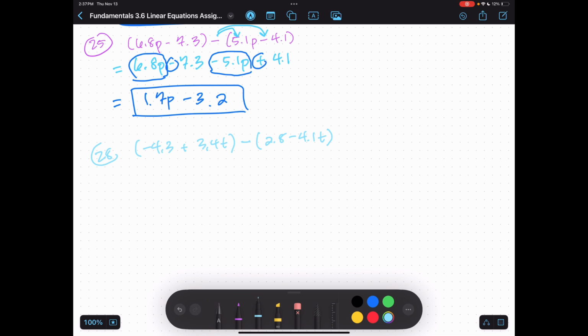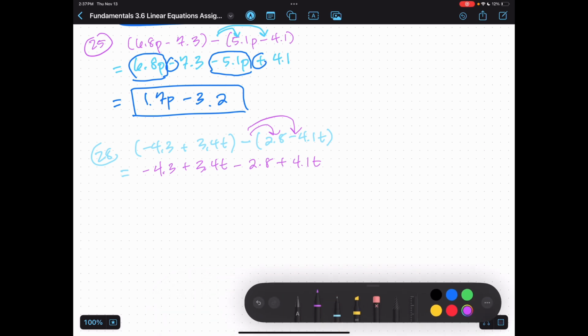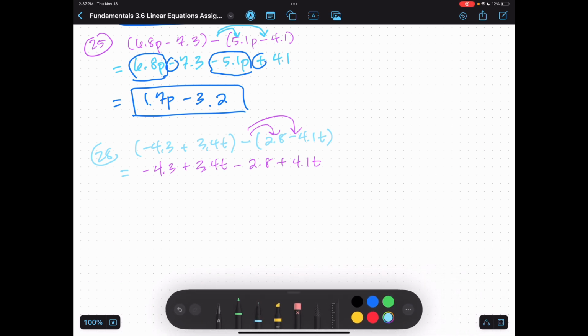So the step, I'm going to do my equal sign on the left and remove parentheses. Okay, distribute out the negative. Okay, and then combine.